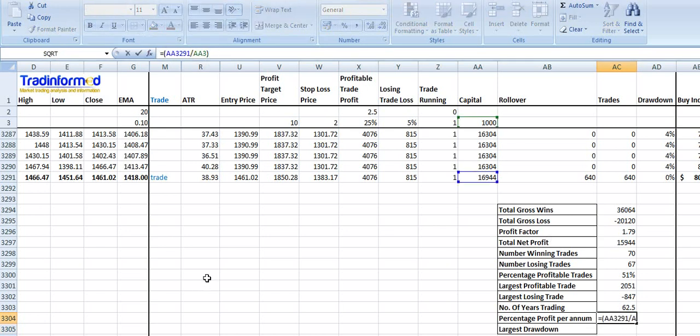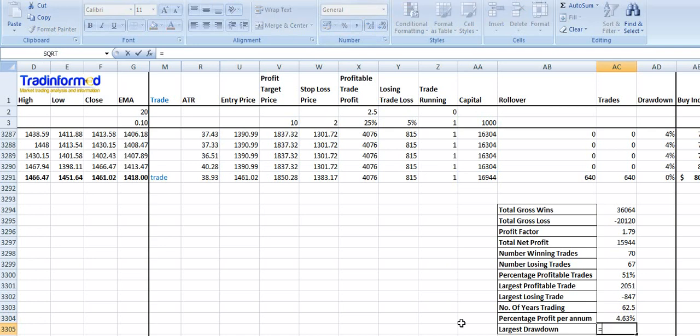And then we're going to put this to the power of 1 divided by the number of years trading. And then we're going to put this all in brackets, subtract 1. So our percentage profit per annum is a respectable 4.63%.